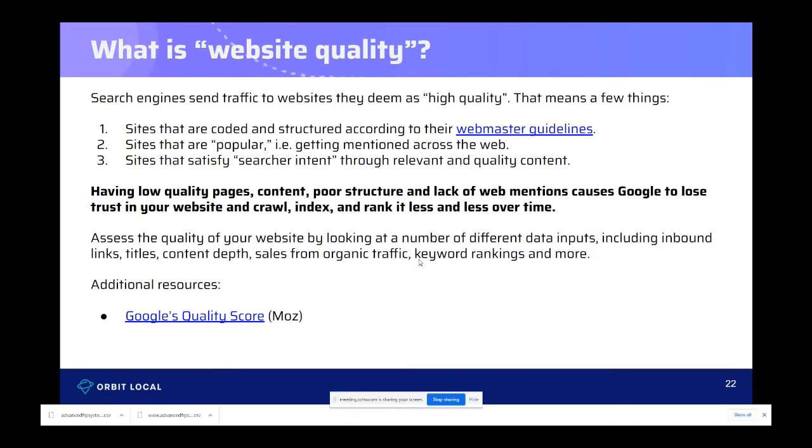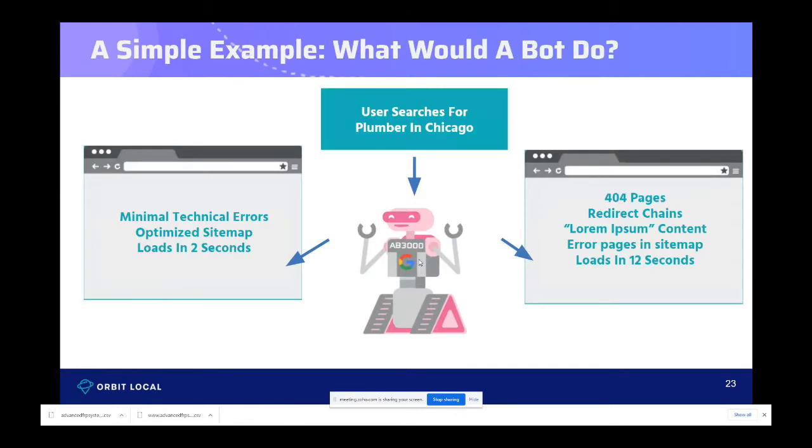And I like to look at it this way, let's really make it simple here. Google is a robot, right? They have that robot, it's crawling, it's looking at pages, and someone types into Google, plumbers in Chicago. Google's going to look at all these web pages and say, okay, this page here has minimal technical errors. There's no 404 errors on the site throughout. There's no redirect chains. There's no lorem ipsum content.